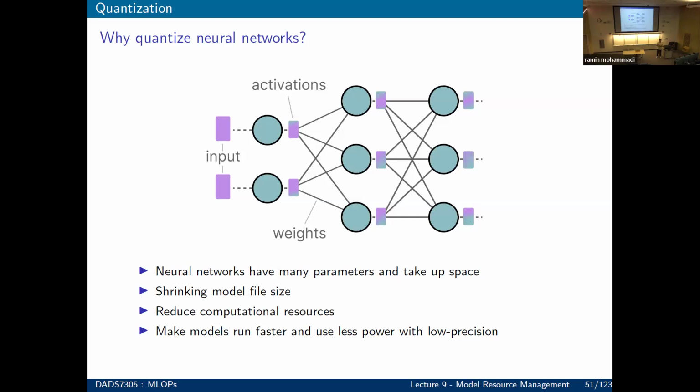Those you never quantize, you never touch, because the precision of those values is super important. So when you talk about quantization, your focus is on weights, biases, and activation maps.